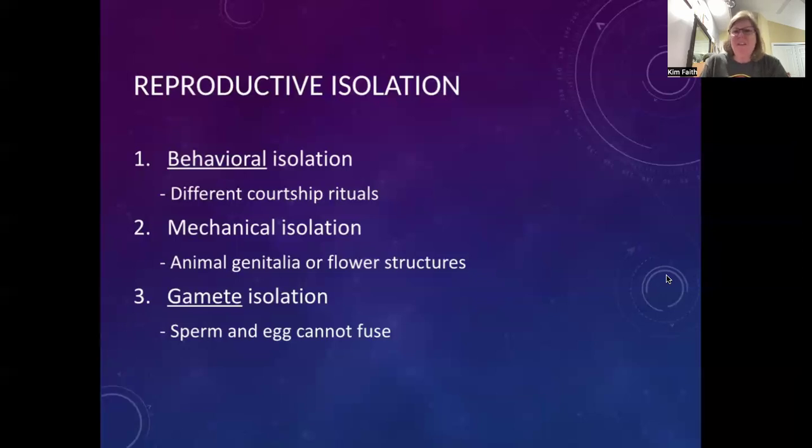You guys know in the spring, there's pollen flying all over the place from all the different trees. Well, I'm sorry, but if an acorn pollen lands on a pine tree, it's not going to fertilize it, right? So there are mechanisms in place so that pollen can only grow and fertilize its own species for plants, right?